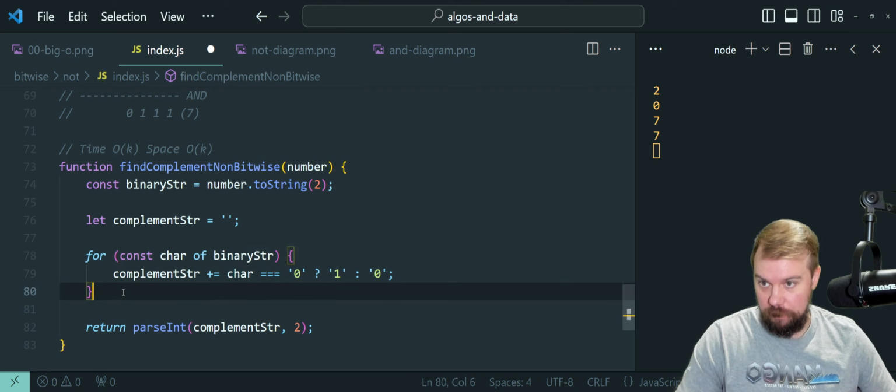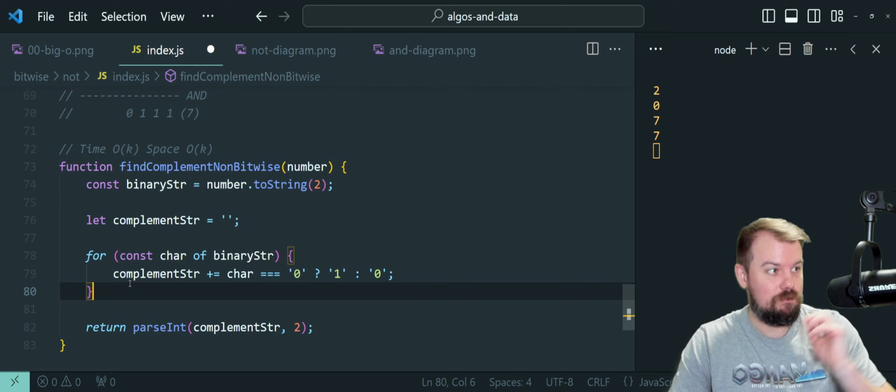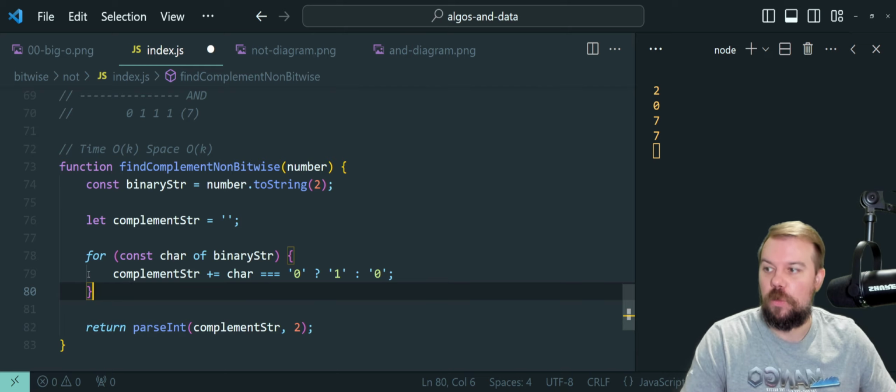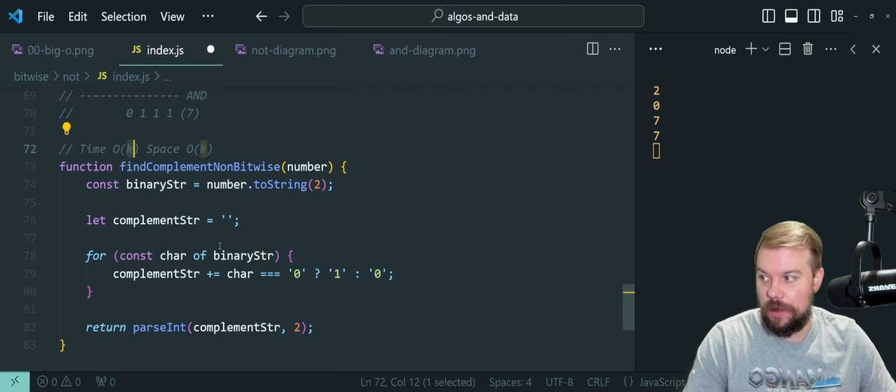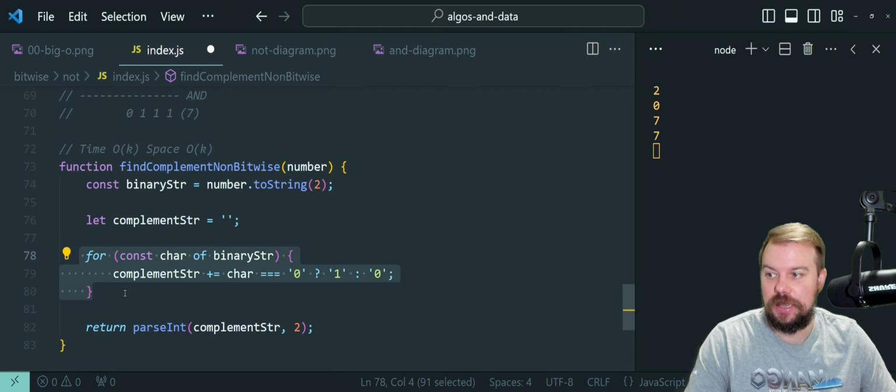But we're not iterating directly over our input. We are iterating over its binary representation. So in this case, k typically represents the number of bits in the binary representation of our input n number, right? Because it has to iterate over each bit in the string at least once.